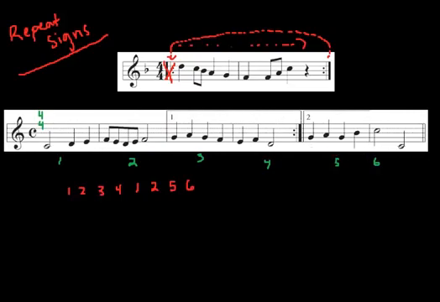Now, if you had to repeat a larger section of the musical piece, so not just a couple bars, there are two other means of repeating sections using the following symbols. You would use DS, which is short for dal segno, and that literally means from the sign.